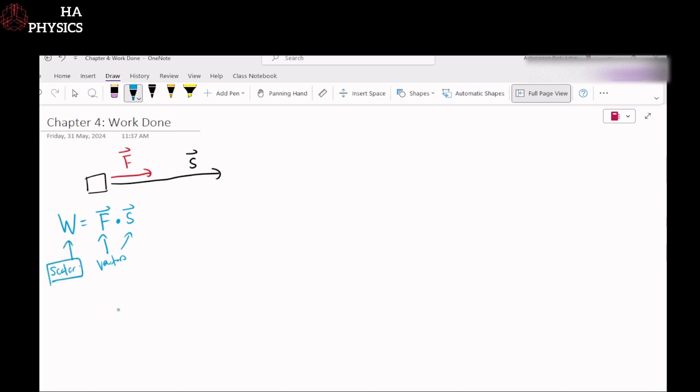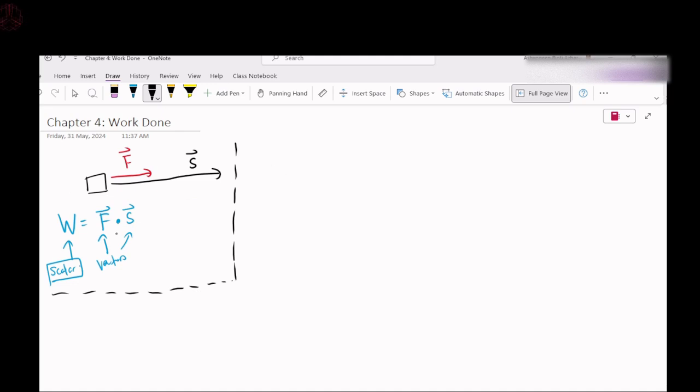Scalar meaning the only important thing about it is its amplitude. But it's particularly important for us to talk about the direction of the vectors involved. That means you will have very different values if the force is in the opposite direction. It's very important for you to realize that the direction is really important.